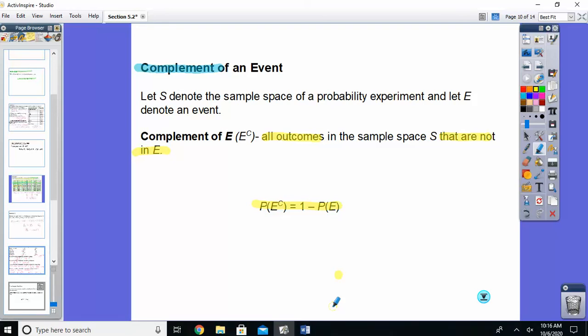So getting an A, not getting an A. Together they make up everything, so they have to add up to 1. I'll do just a couple more examples and then I'm done.